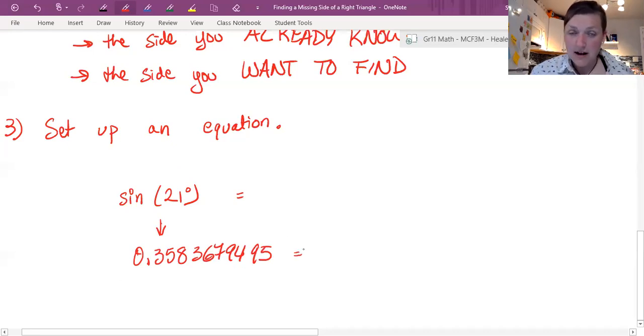No matter how big our triangle is, because it has that exact angle, the ratio of its opposite side to its hypotenuse is going to equal that number.